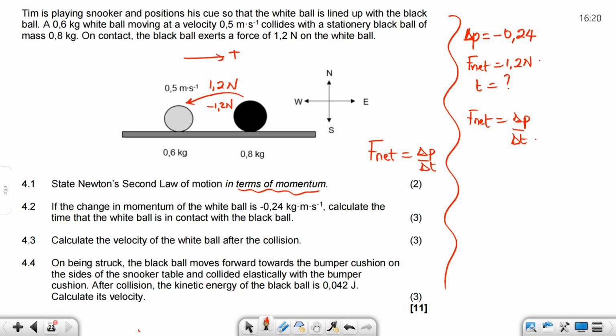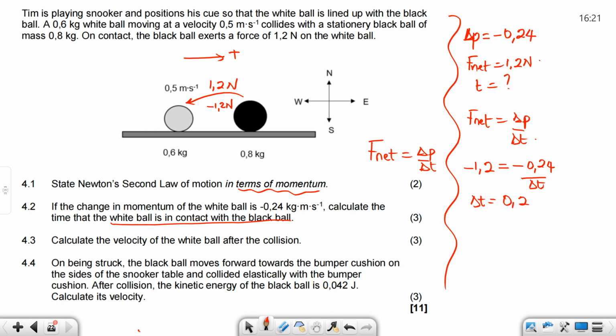Very, very important there. Now remember that they both exert the same amount of force on each other. So we are okay to say this is negative 1.2. What's our change in momentum? Negative 0.24 over delta T. What's your answer for delta T?